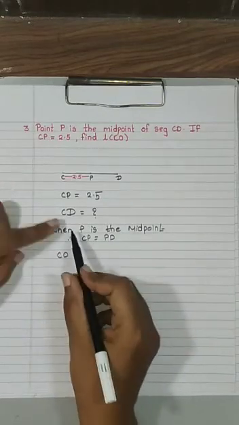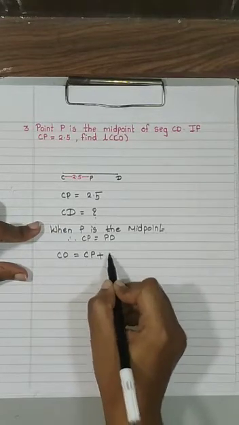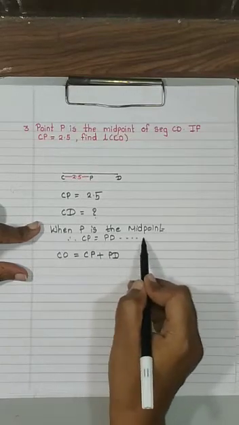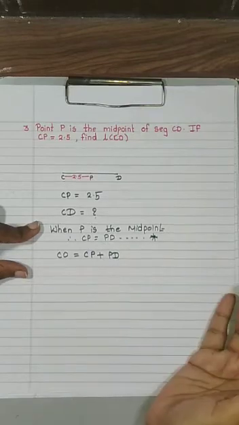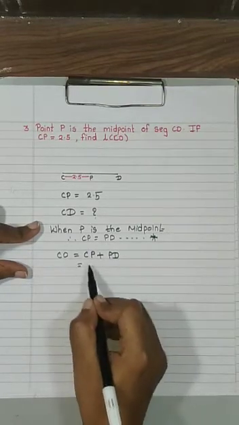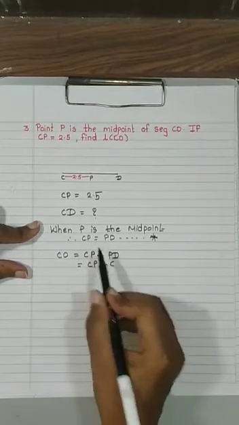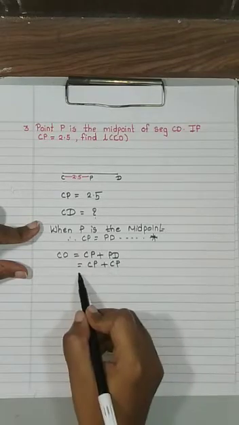You very well know that CD is CP plus PD. From this equation, you come to know that CP and PD are equal. So you can write CP here instead of PD.